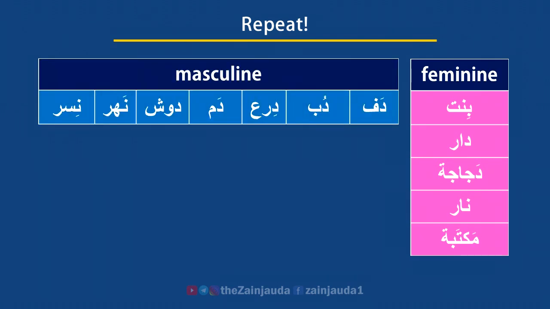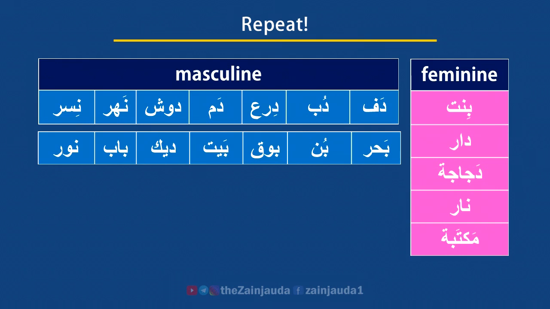The other part is dad. دب. درع. دم. دوش. نهر. نسر. بحر. بن. بوق. بيت. ديك. باب.